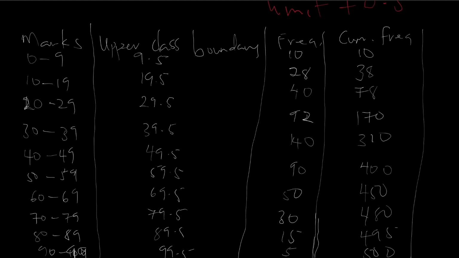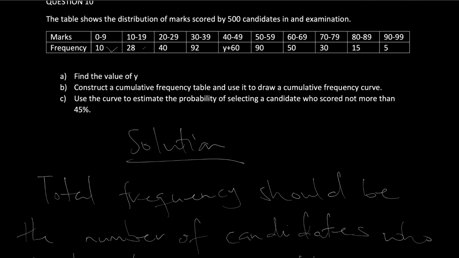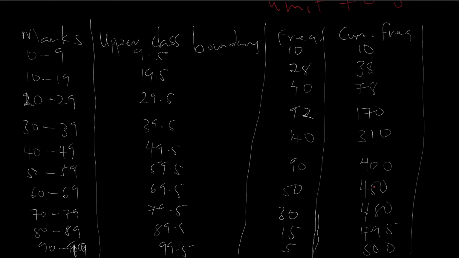Now moving on to the next question. It says use the curve to estimate the probability of selecting a candidate who scored not more than 45%. So we know that someone who scored not more than 45% should be from the class boundary of 49.5 downwards.